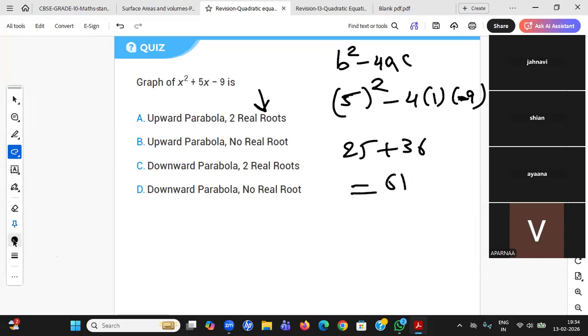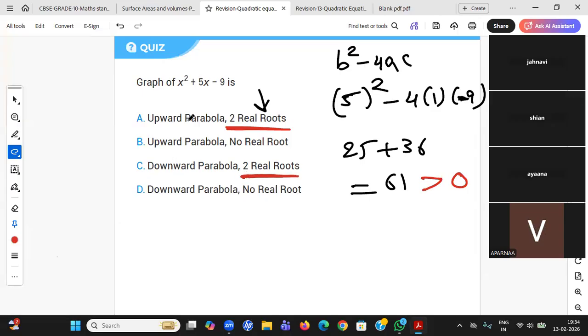So b square minus 4ac value I am getting greater than 0. Tanushri, what type of root, student? Real or imaginary? Sir, real. Okay. So my answer is either A or C.